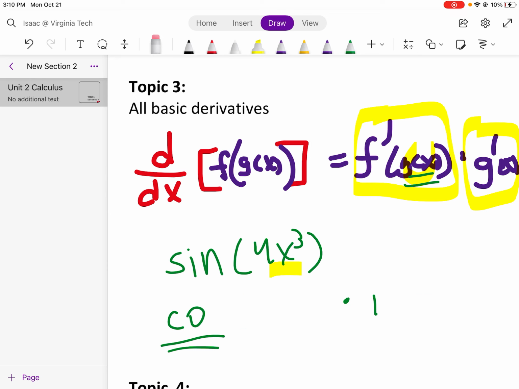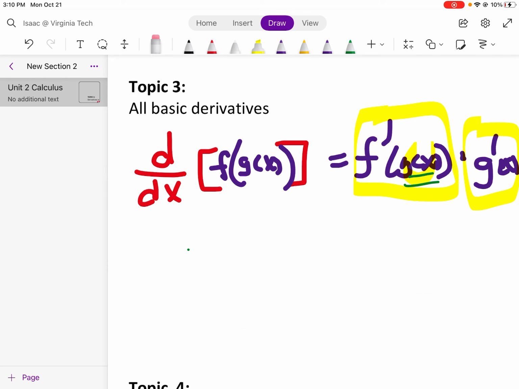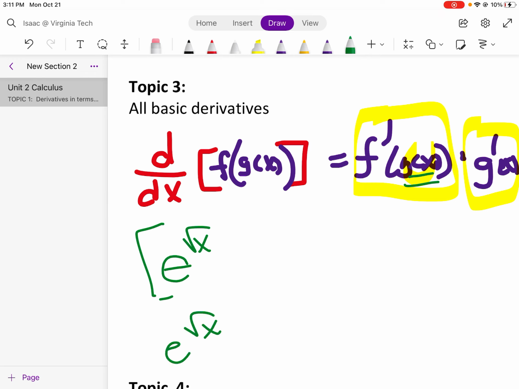And the chain rule can apply to so many types of functions. It can also apply to something like this. e to the, that's a good example, kind of. We do the derivative of the whole thing, and that's just going to be this. And yeah, once again, I stepped into another rule that we haven't learned yet. But that's how it is for e things.